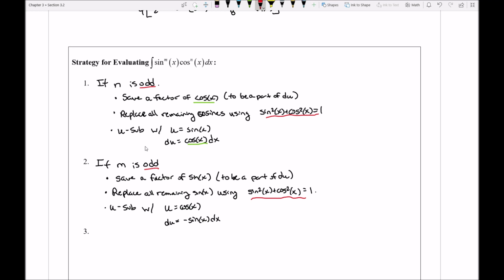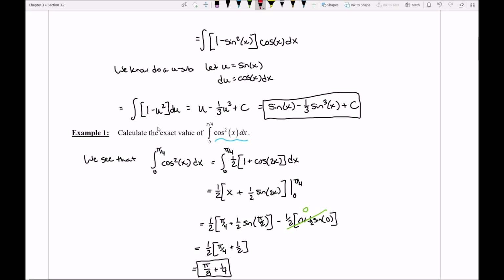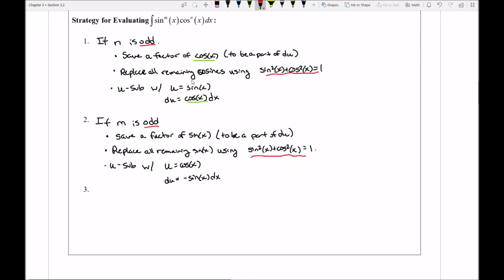However, in the last two questions, that is, in example number 2, we had an even power. In example number 1, we had an even power, and those were times where I used those blue identities, those double angle formulas.